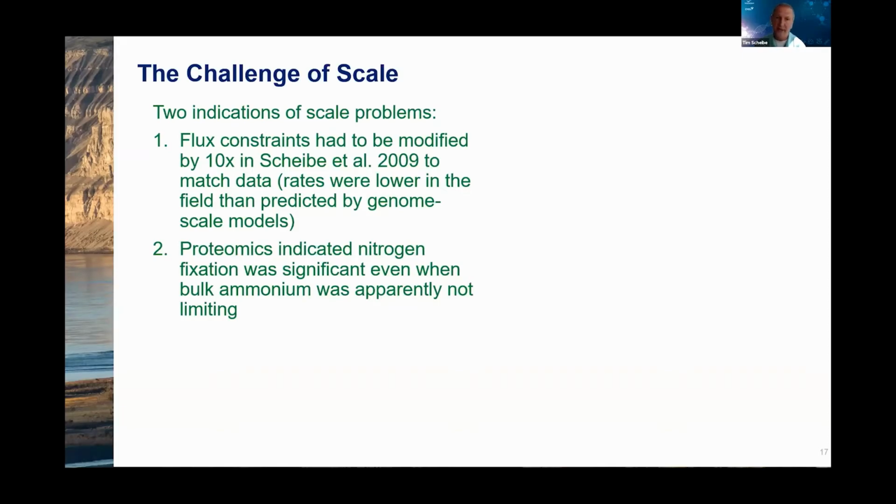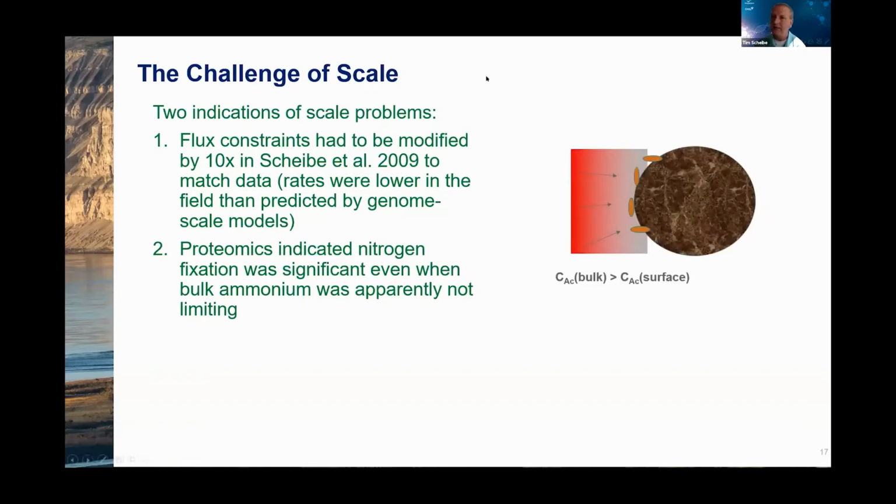Now, the second indication is that the proteomics indicated that nitrogen fixation was significant, even when bulk ammonium was apparently not limiting in the field. So this leads us to believe that there are issues that relate to fundamental processes of diffusion and mixing at the smallest scales.